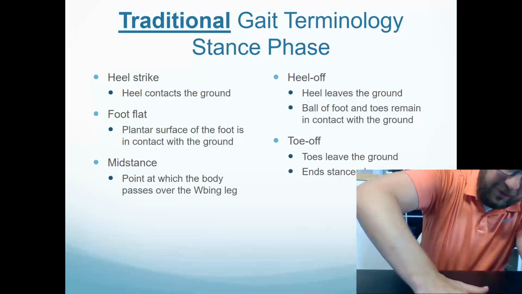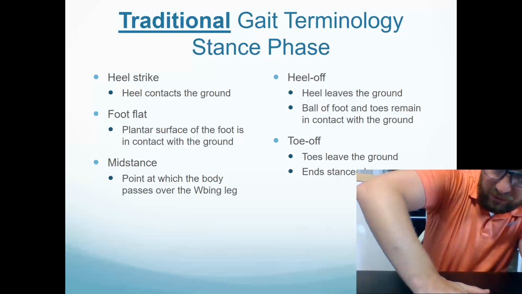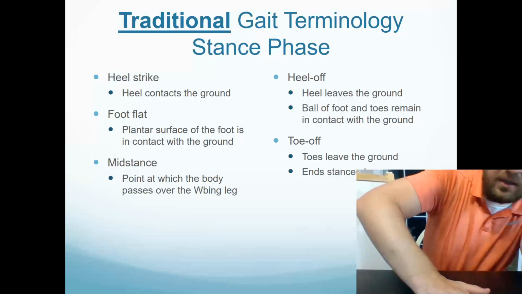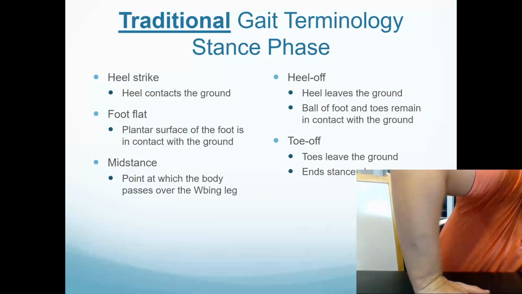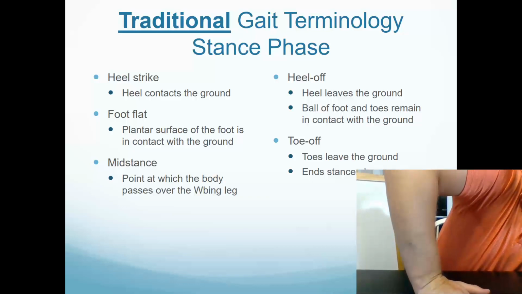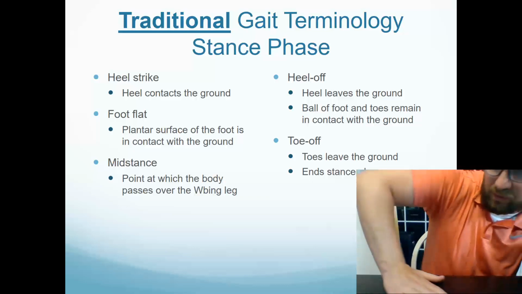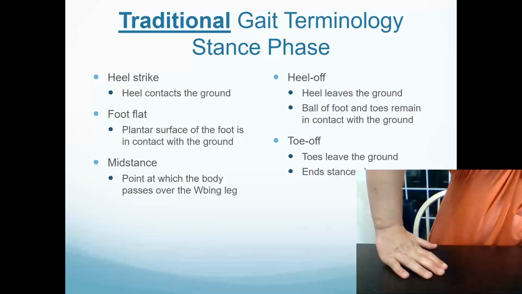And the next thing, that foot falls forward, kind of becomes in contact with the ground. We go into rear foot valgus. That's flat foot. Then our tibia kind of rotates forward, and then it's over kind of right perpendicular to the ground. That's going to be mid stance. Then once that tibia rolls forward enough, it's going to raise that heel off the ground.